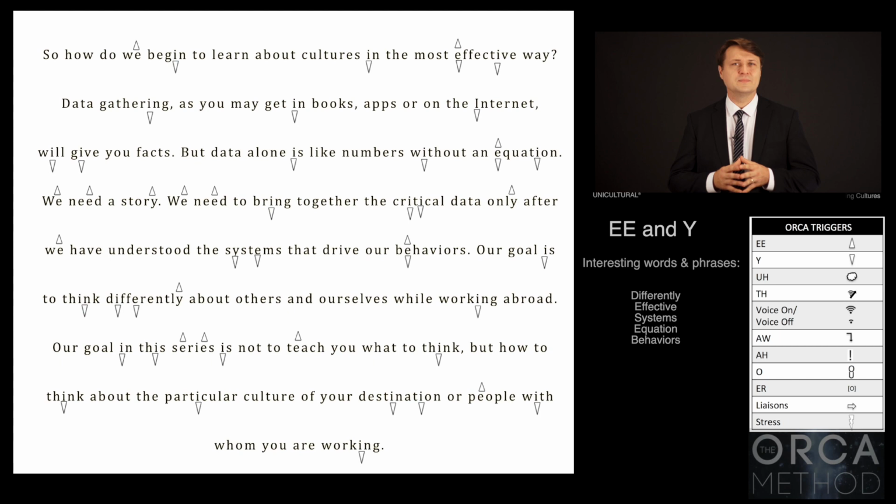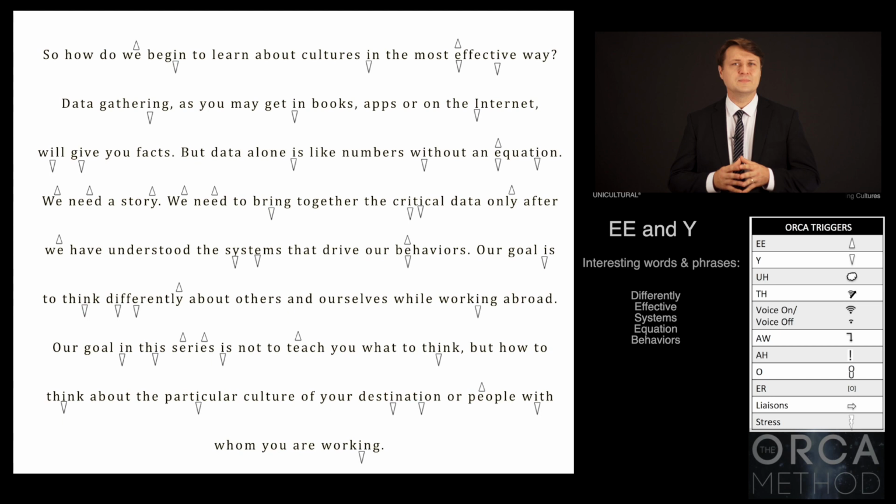How do we begin to learn about cultures in I, the most. And now here's one of the interesting words. It's either effective or effective. So either I or effective. So both are fine. That's why we have an arrow up and why we have an arrow down. In the most effective way.